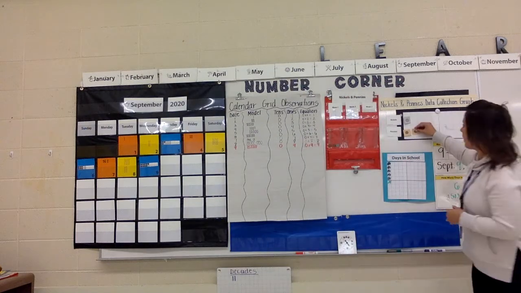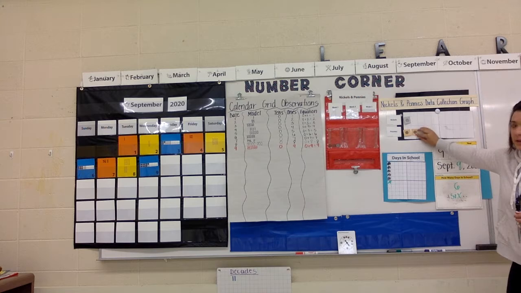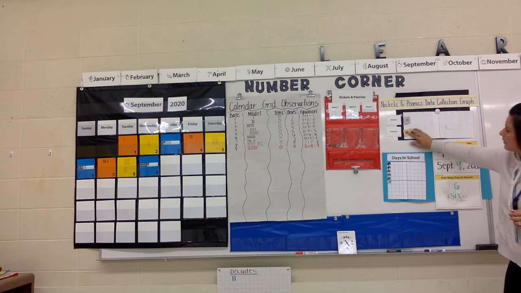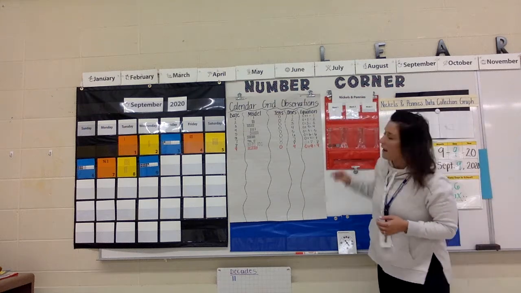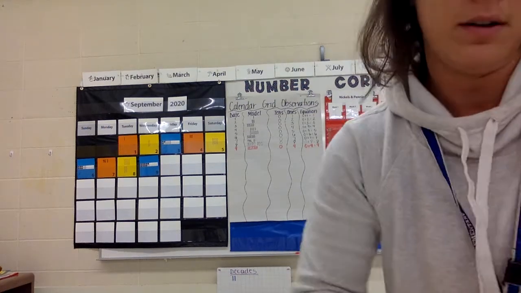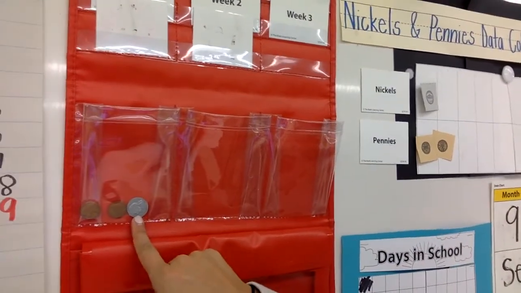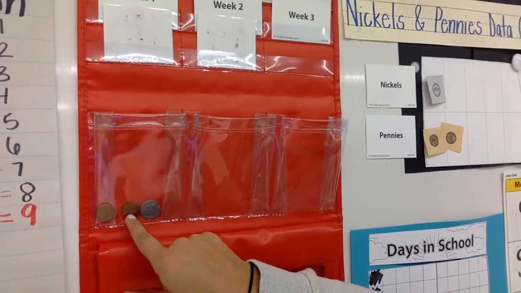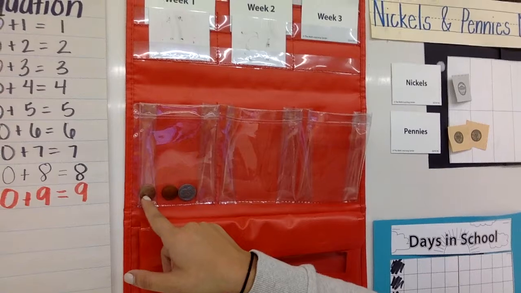So then we would put it right up here. And I don't have any tape with me right now, so I'm just going to pretend that we have it up there. But I want to know how many we have all together so far. So yesterday, we spun a nickel and a penny. And then today, we have another penny.